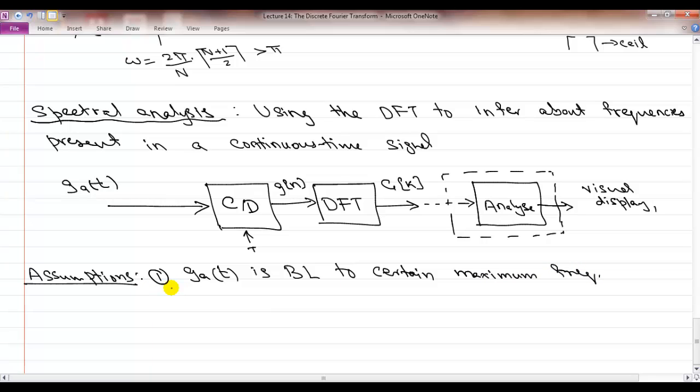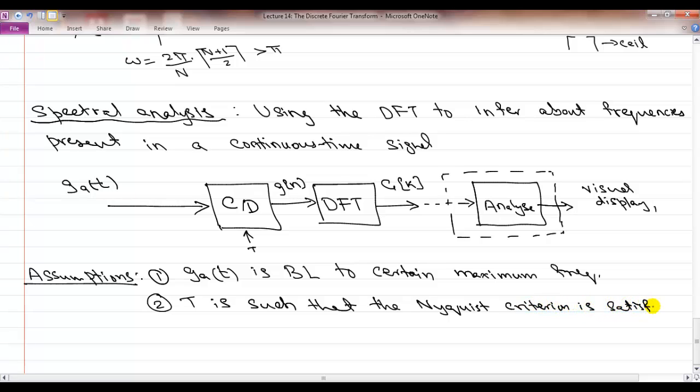And if it is not, then what would you do? You would basically anti-alias filter it, low pass filter it, so that it keeps only the frequencies that you are interested in and throws away all the rest. And the other thing is that T is such that the Nyquist criterion is satisfied. So if these two assumptions hold, then we know that you will get a sequence which will have no aliasing.